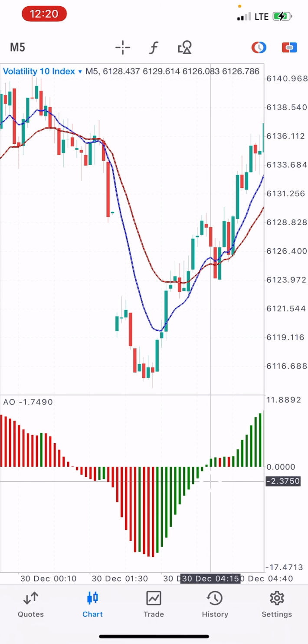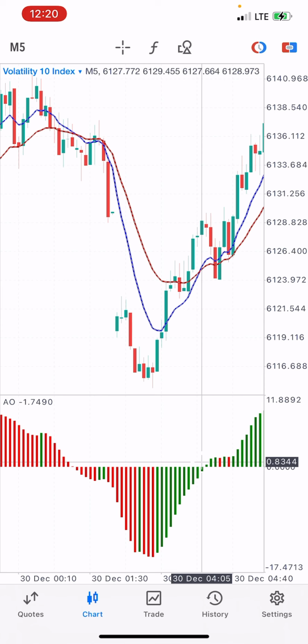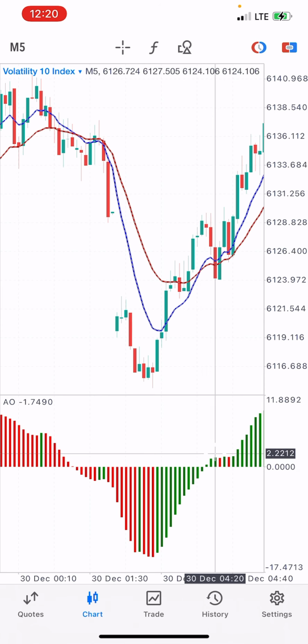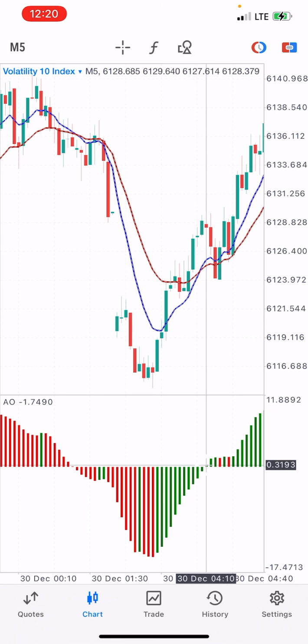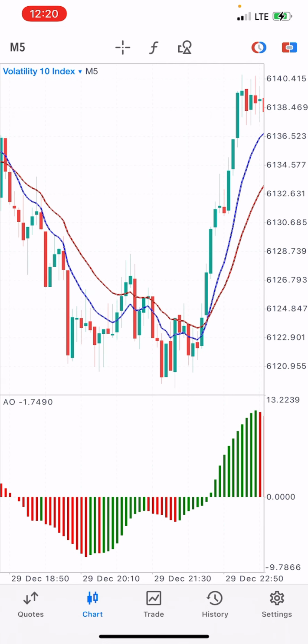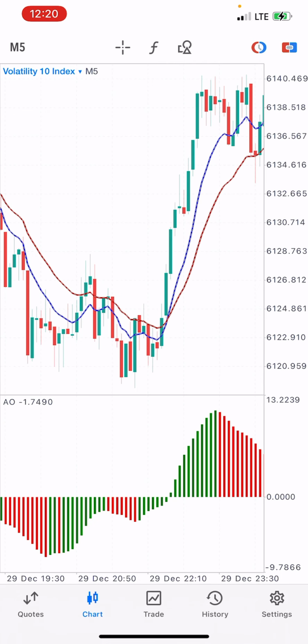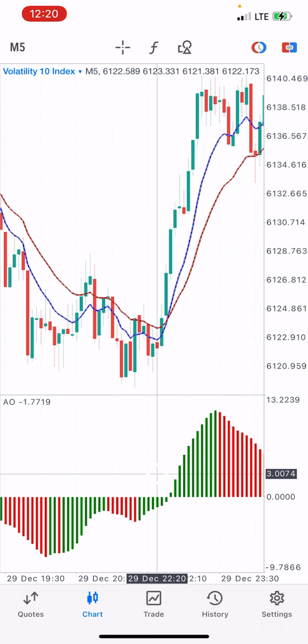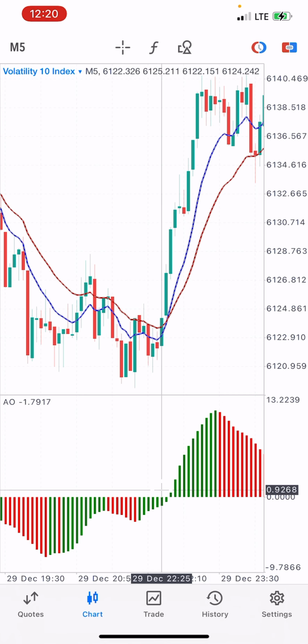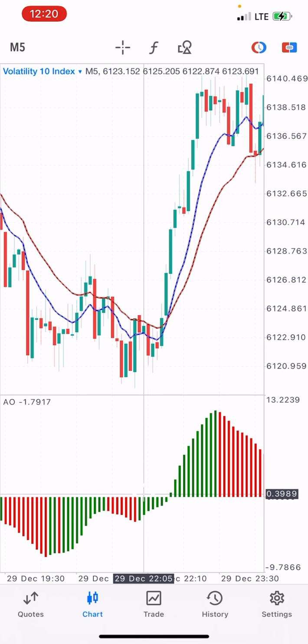Not just that, it's also the awesome oscillator. It's also above the zero level, which indicates a buy. As simple as that, guys. You buy when the blue moving average crosses above the red moving average, and when the awesome oscillator is above the zero level, and then you sell when the red moving average is above the blue moving average.